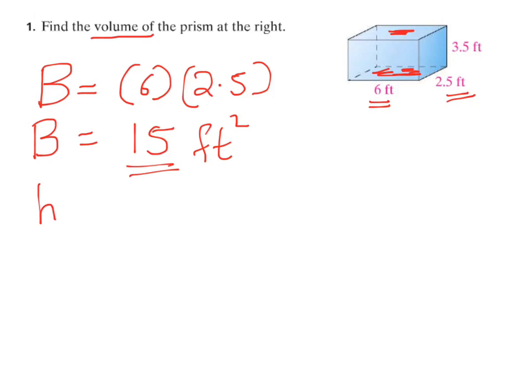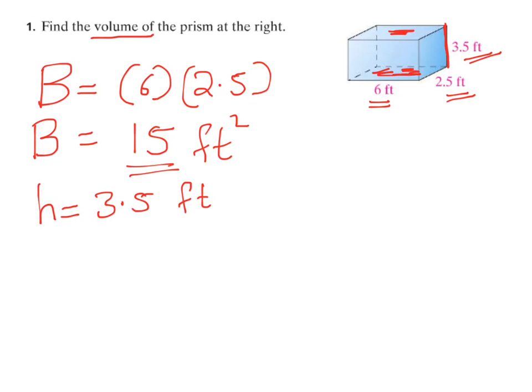Now what is the height of the prism? The height of the prism is the distance between the two bases, which is 3.5. So 3.5 is the height of the prism.